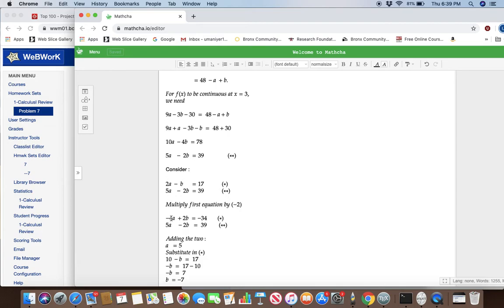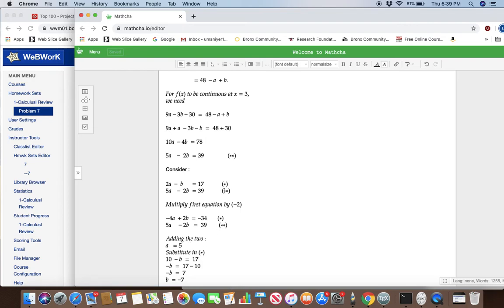That gives me negative 4a plus 2b equals negative 34. Why did I do that? Because plus 2b and, in the second one, negative 2b will cancel. So add them both. 5a minus 4a is plus 1a. These two go away. This is 5. So a is 5.